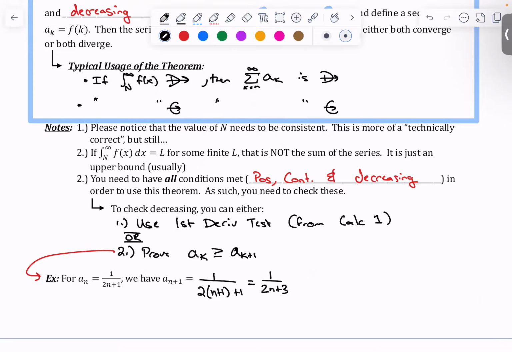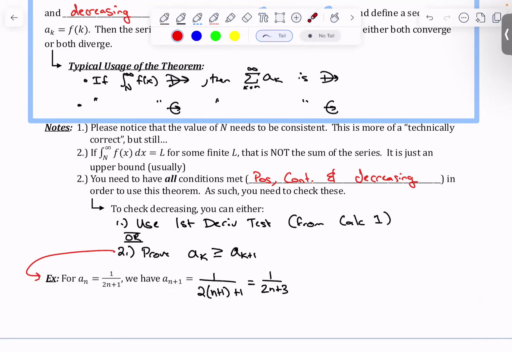So is that decreasing? Take a second. Don't answer out loud, but convince yourself of whether or not it's decreasing. I'm going to help us work through it in case you're stumped. 2n plus 1 and 2n plus 3 are going to be numbers. 2n plus 3 is larger than 2n plus 1. It's 2 integers larger.